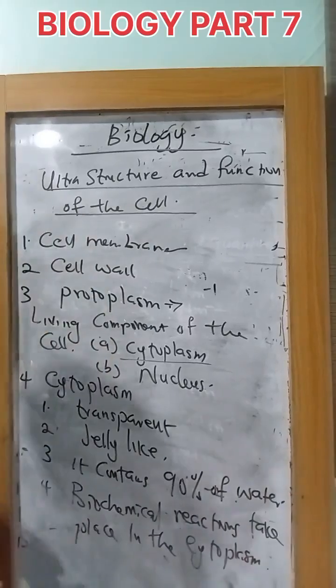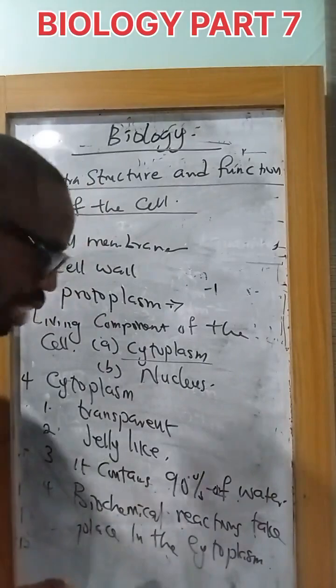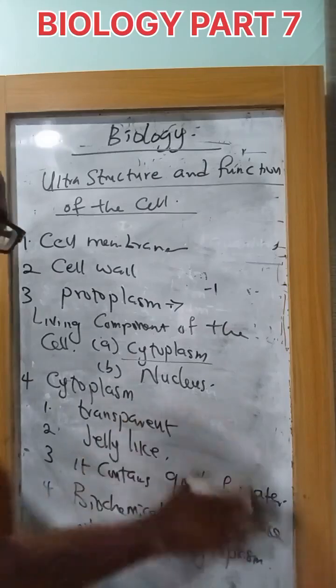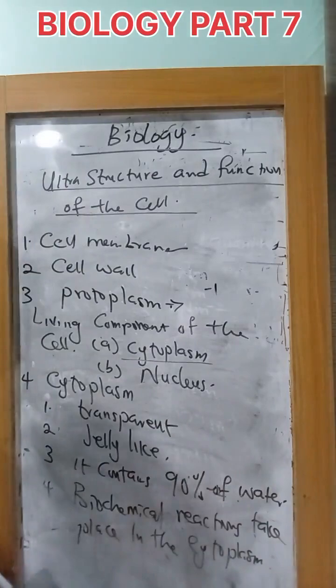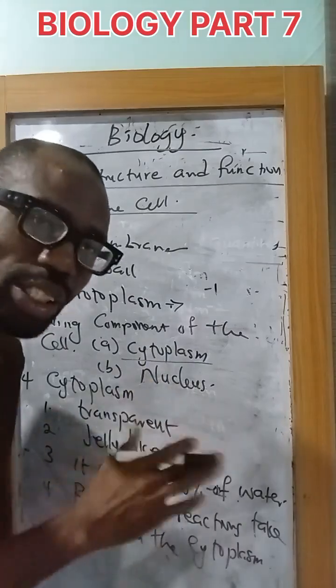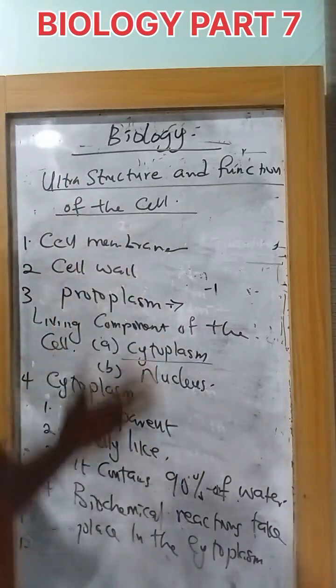Have you seen it now? So the cytoplasm is transparent, jelly-like, and predominantly made of water, about 90%. And biochemical reactions take place in the cytoplasm, not the nucleus. Take note.